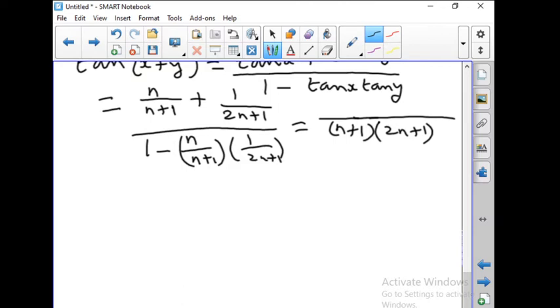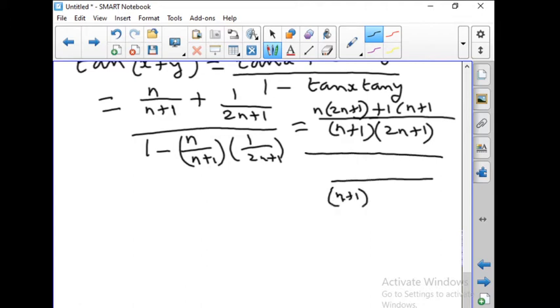So the first term is n into (2n + 1) plus, since n + 1 is in the denominator, what is not there in the LCM we multiply with the numerator, so here this is 1 into (n + 1). Then divided by, here also the LCM is (n + 1) into (2n + 1). So the first term is (n + 1) into (2n + 1) minus n.